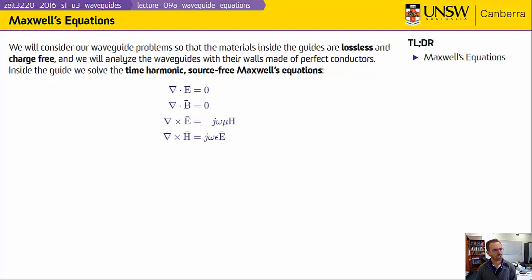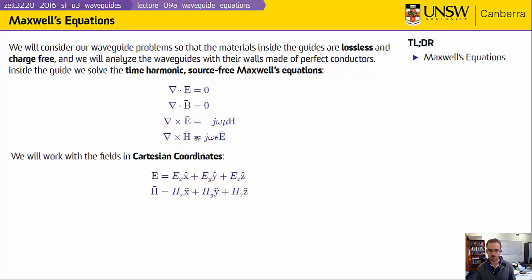The first two equations, the divergence of E and the divergence of B, give me two scalar equations, and they involve all three components of the field. Whereas the latter two equations are vector equations, and so I really have an equation for the x component, the y component, and the z component in each of these two equations. So this set of four equations, along with the assumption that we're working in Cartesian coordinates, actually gives me 8 equations that I need to solve for.